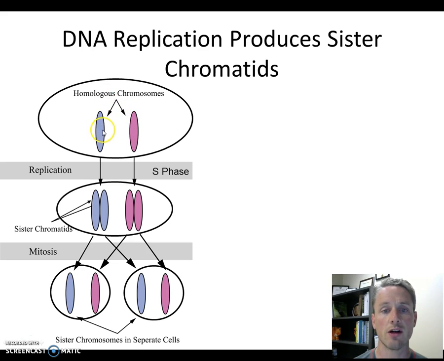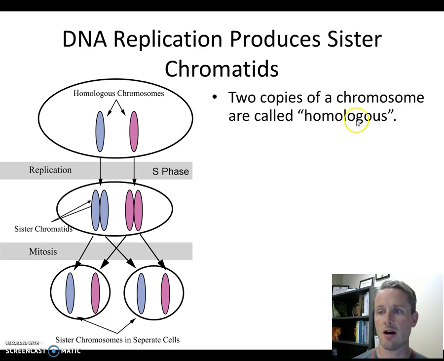So I've got my 2 different copies of this chromosome represented here by the 2 different color bars. Again, we would have gotten one of these copies of the chromosome from our dad, and the other copy from our mom. So we refer to these 2 copies of the chromosome as homologous chromosomes. We're going to use that term over the next couple parts of our course. Homologous chromosomes, the 2 copies of that same chromosome.